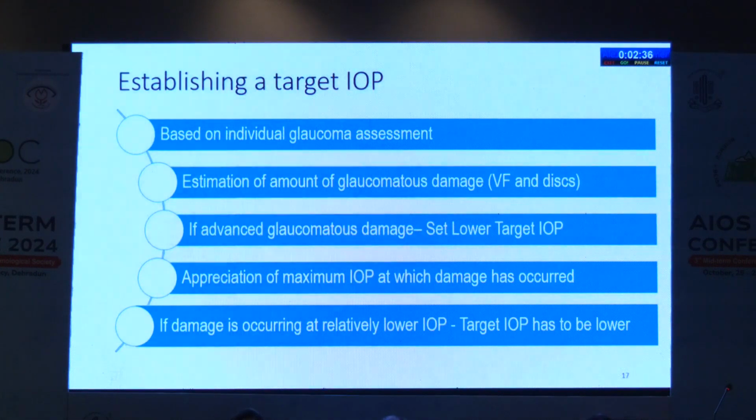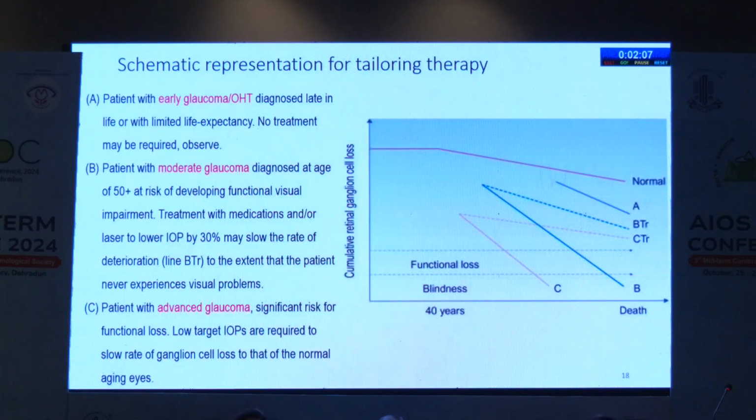So you establish your IOP based on your individual glaucoma assessment, looking at the discs and the corresponding visual fields, and if there is already glaucomatous damage, you need to set lower target IOPs. Also, it is important that you appreciate at what intraocular pressures the damage is occurring in a patient, so that if damage is occurring at relatively lower IOPs, you need to decrease the IOP still more.